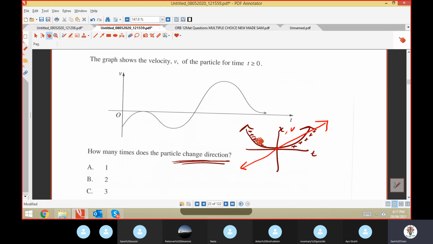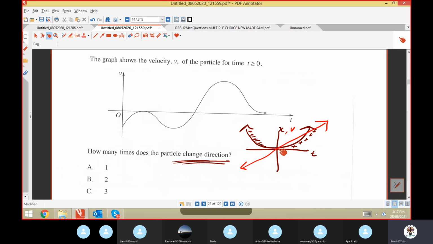So this was X. X was in that maroon color. V is in this red color. We worked out that every time it changes direction, it's occurring at the stationary point of your X's. So for your V's, when do your stationary points occur? When V equals 0. When your red curve equals 0, that's where your stationary points occur.